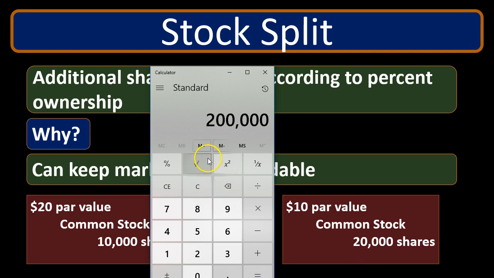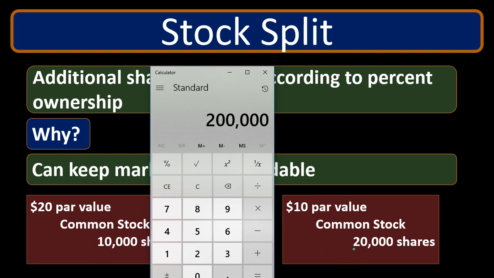So again, note that the stock split doesn't change any actual numbers on the financial statements, meaning the common stock will be on the books for $200,000 either way. The paid-in capital will be the same. It doesn't change the retained earnings. The thing that will change is just the wording: $20 par value, 10,000 shares, versus $10 par value, 20,000 shares.